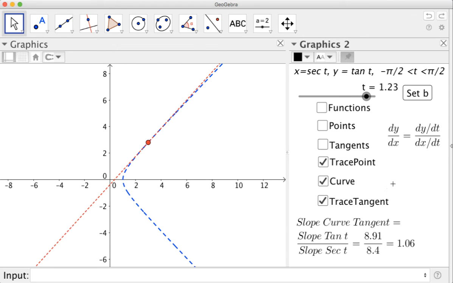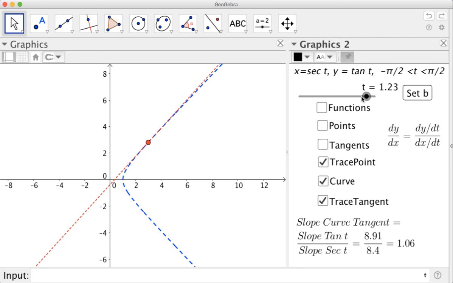Now algebraically, dy dt, since we're talking about the tangent of t, would be the secant squared of t. For x, dx dt, the denominator would be the secant of t times the tangent of t. When we divide all that out, we get the cosecant of t.